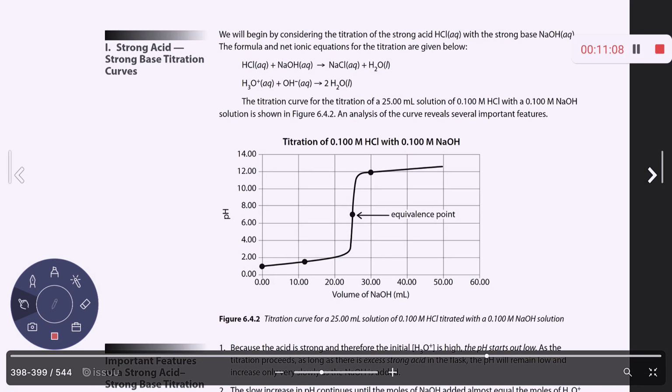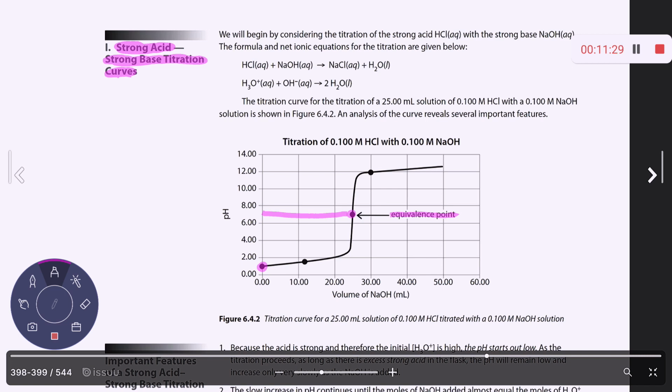Anytime you plot a strong acid with a strong base and you look at your titration curve, you're going to be starting at a relatively low pH. Your equivalence point is going to be around 7. Okay, and then you're going to eventually level off.